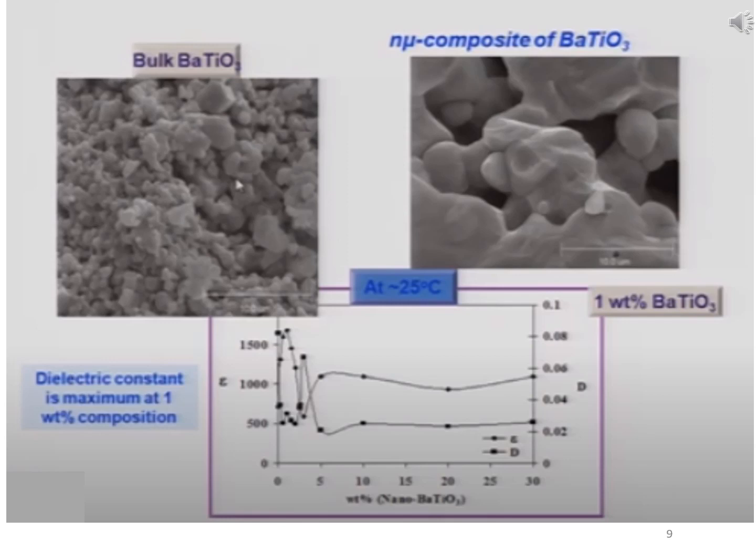You can see that in the small region where the addition of nanoparticles is around 1, 2 or 3 weight percent, the dielectric constant epsilon shows an increase, and the dielectric loss, shown as a square, which is D, is plotted on this scale, and that also shows an increase in D.